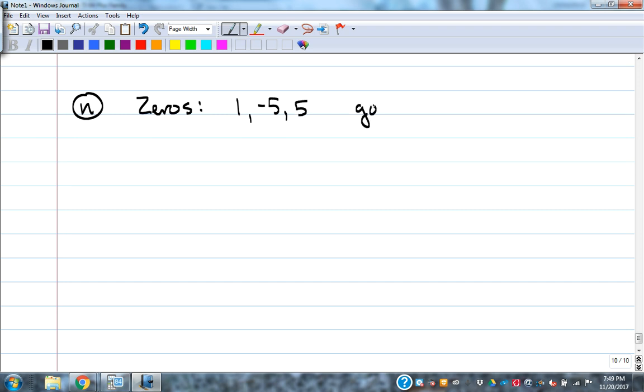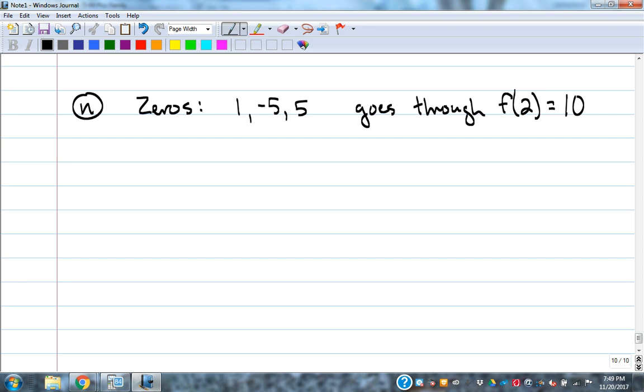And it goes through f of 2 equals 10. There's an additional piece of information there that f of 2 is equal to 10. So that's more specific on the polynomial.